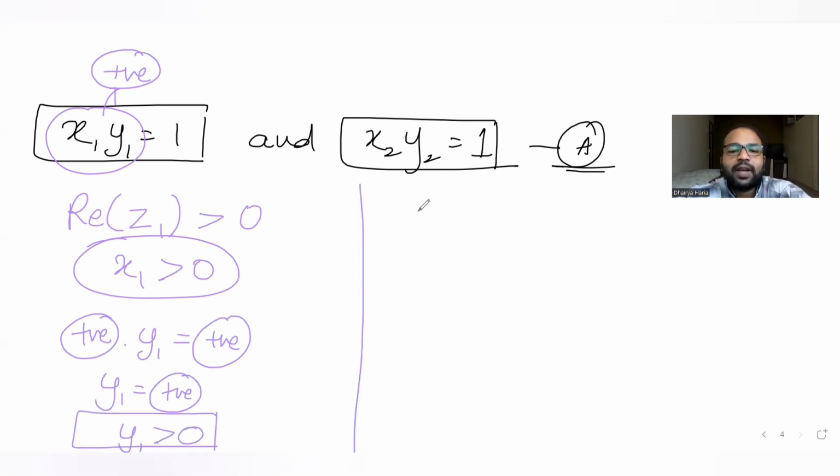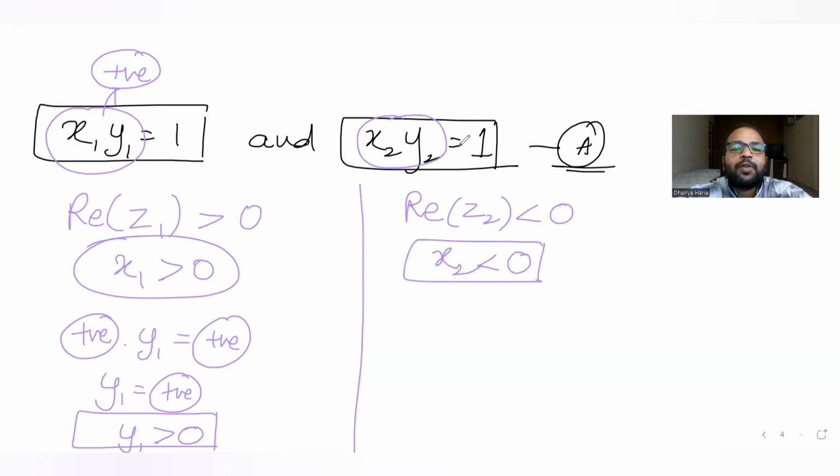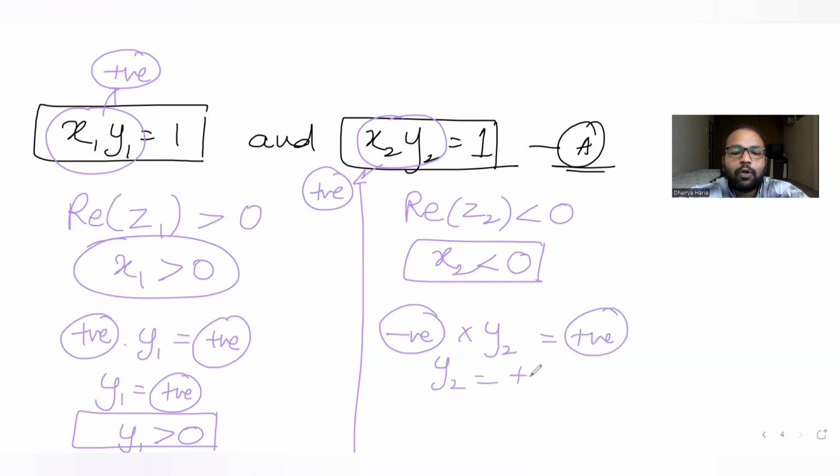I understand from this that y1 is also positive. If I analyze the second data given to me, real part of z2 is less than 0. So x2 is negative, but I again know the product of them is equal to 1. So this product also is positive. So negative into y2 is also a positive answer. So I get y2 as positive upon negative. That makes it negative.